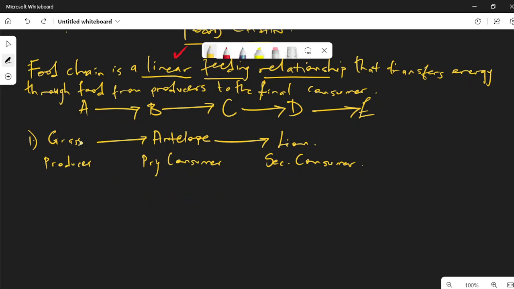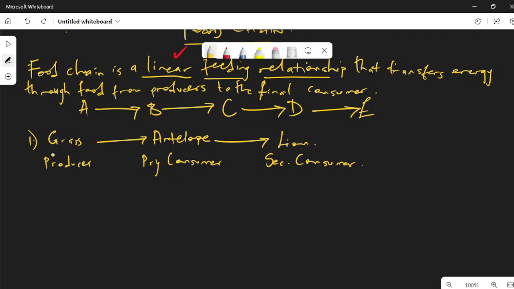So here we have grass being fed upon by what? Antelope. And antelope is an herbivore. It feeds only on what? On plants. So this particular reaction is very, very what? Correct. And then a lion, which is in this case here the secondary consumer, because we already have primary consumer and we have the secondary consumer.